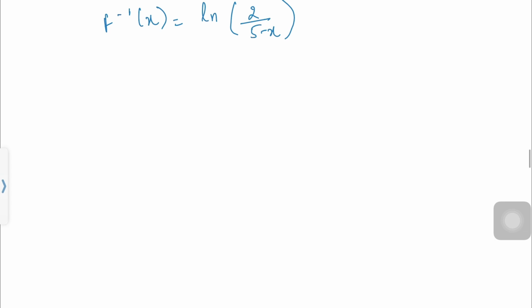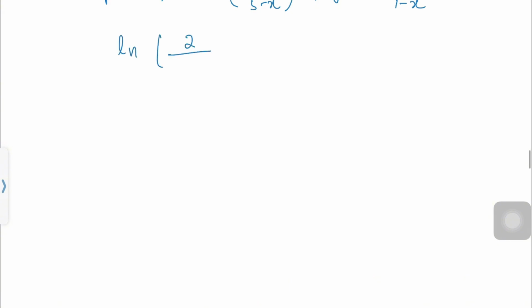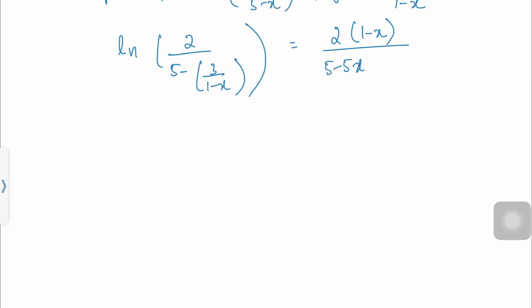Now we need to substitute g of x here. Our g of x is given as 3 over 1 minus x. Let's substitute it. That would be ln of 2 over 5 minus 3 over 1 minus x. So this would be giving us 2 into 1 minus x, taking LCM, that would be 5 minus 5x, then minus 3.